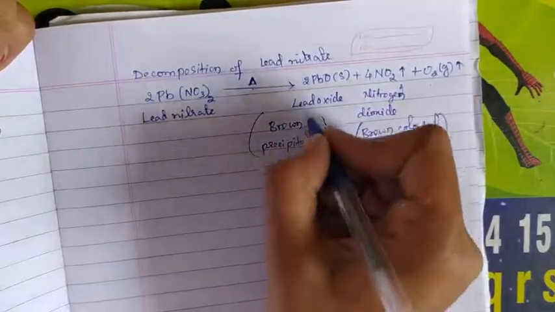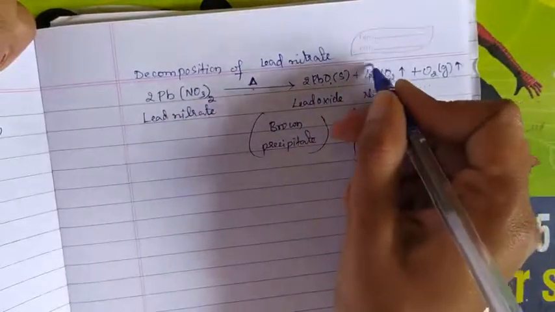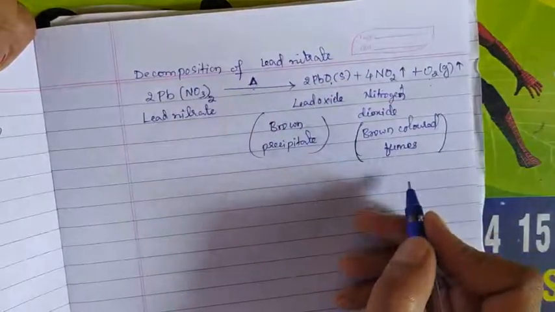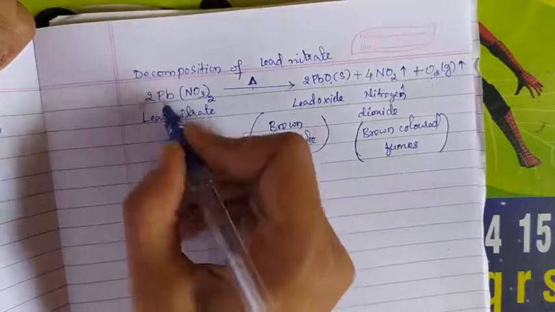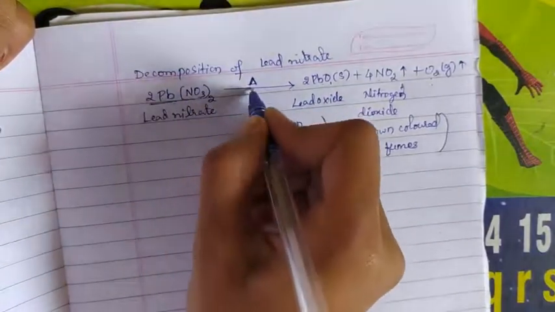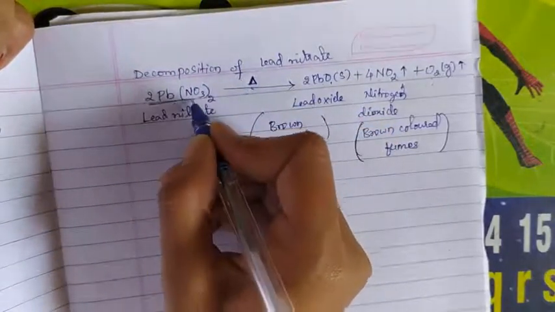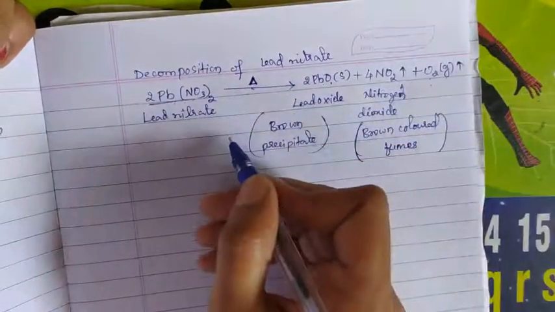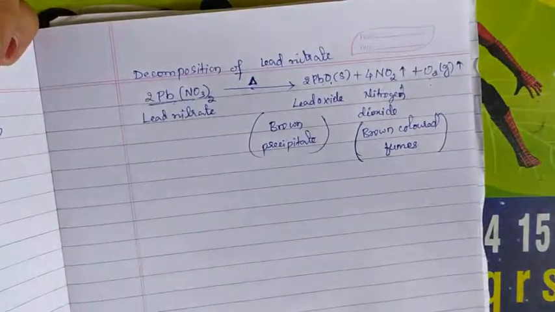This brown precipitate is lead oxide, PbO. Along with the release of nitrogen dioxide, oxygen gas is also released. This decomposition of lead nitrate is initiated by absorbing heat energy. Here heat energy is absorbed by the reactant to break into simpler products. So it is one more example of the thermal decomposition reaction.